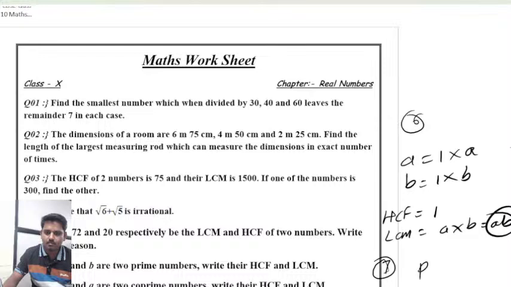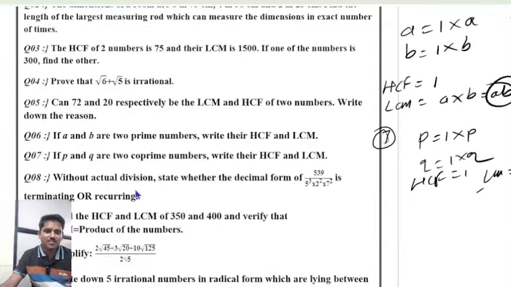Now consider question number 8. Without actual division, state whether the decimal form is terminating or recurring. For this number, 539 divided by 5 cube into 2 square into 7 raised to 2, the denominator contains a factor of 7.